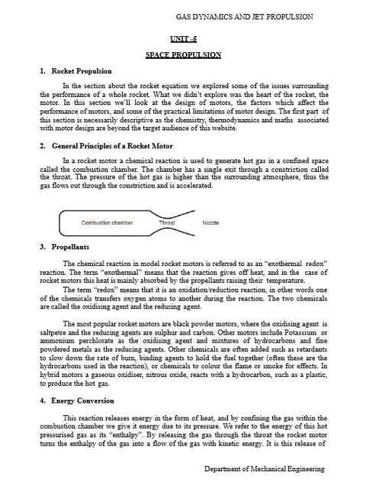The most popular rocket motors are black powder motors, where the oxidizing agent is saltpeter and the reducing agents are sulfur and carbon. Other motors include potassium or ammonium perchlorate as the oxidizing agent and a mixture of hydrocarbon and fine powdered metals as the reducing agent.